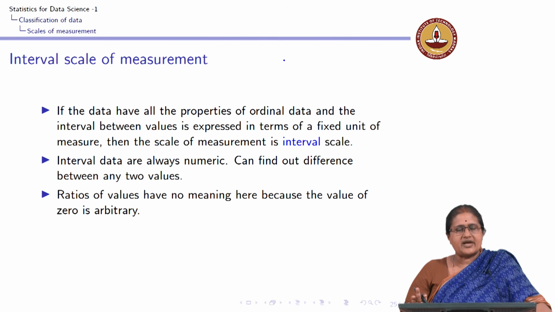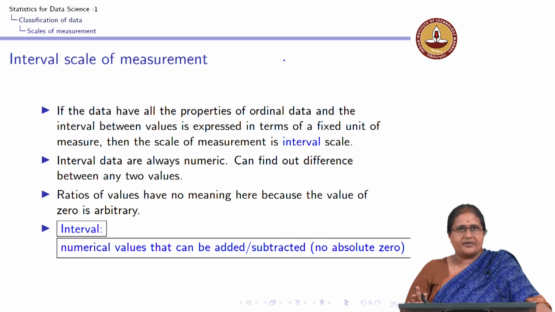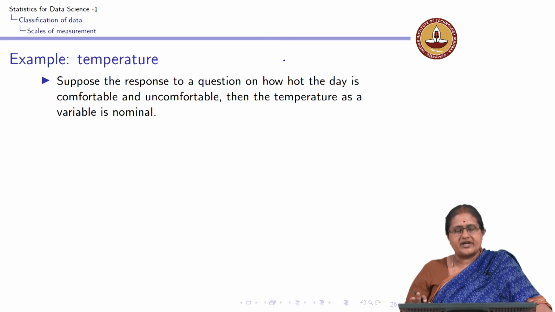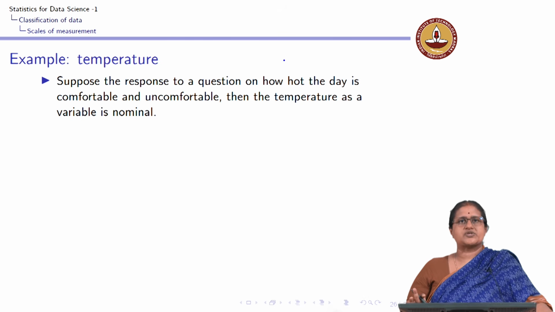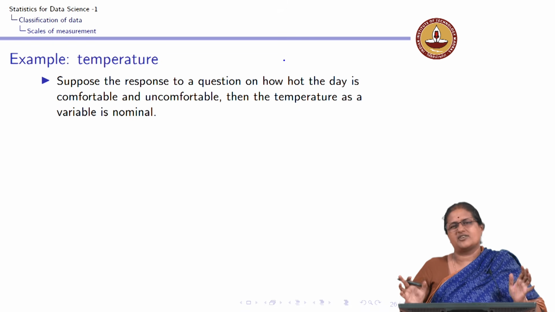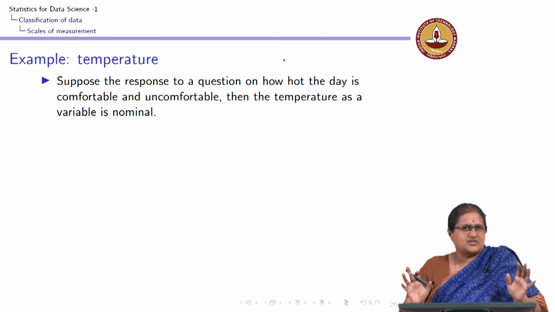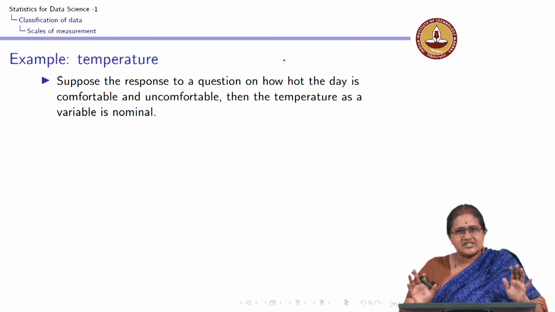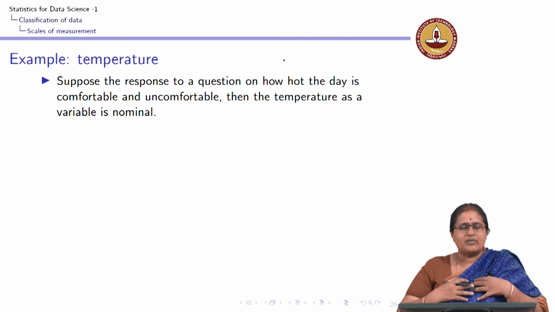Let us explain this through an example. Interval data are numerical values that can be added or subtracted, it has no absolute 0. Let us look at temperature as an example. Suppose the response to a question of how hot the day is is just comfortable or uncomfortable, or just good, bad. I am just giving a label to my feeling.